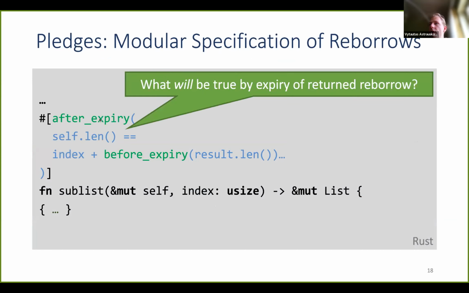So we have an after_expiry annotation that says the expression inside it is what will hold when the returned reference expires.